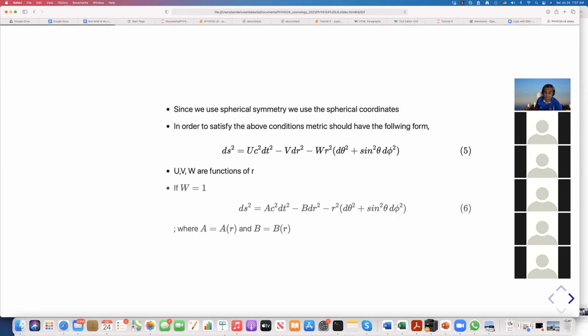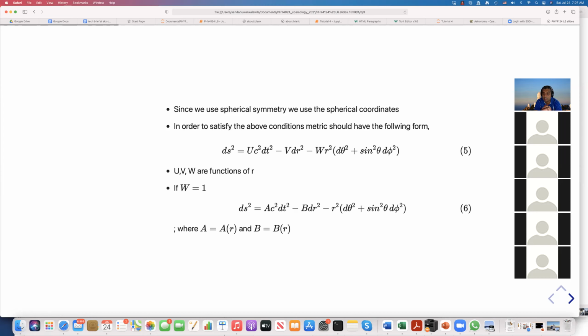And then if we set W to be equal to 1, this is a derivation that somebody did, and we are just discussing it, right? So there are some specific things: if we assume W to be equal to 1, then you can rewrite the equation for ds squared in this way, as you see in equation 6. Instead of U and V, now you have A and B, right?